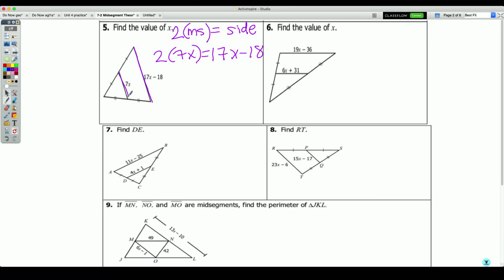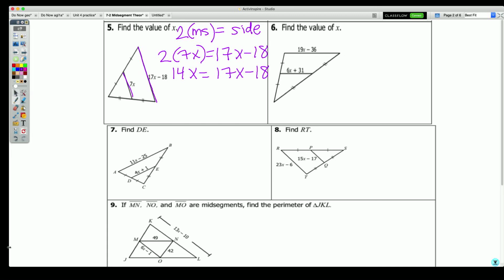Okay, so we're just going to multiply. What is 2 times 7x? 14x equals 17x minus 18. I would normally subtract that 14, but that's going to leave me with 0 over there, right? So I'm not going to do that this time. I'm going to subtract the 17, so I'm not left with 0. So I'm going to bring down my negative 18.